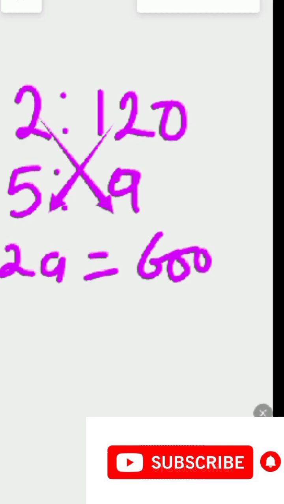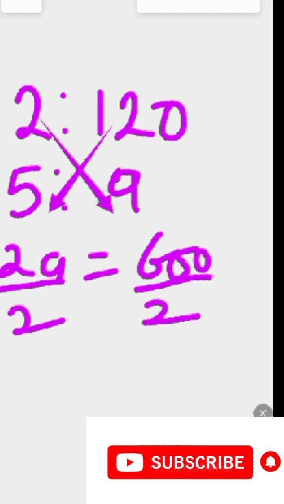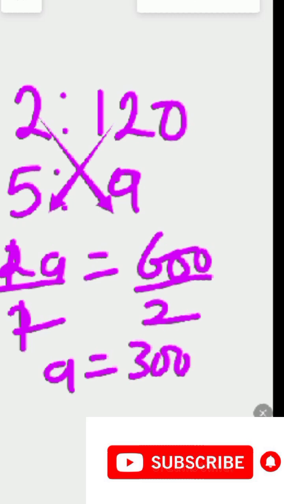Having done this, what you simply do is divide both sides by 2. And when you do that, A will become 600 divided by 2, which is 300. That means the distance will become 300 kilometers.